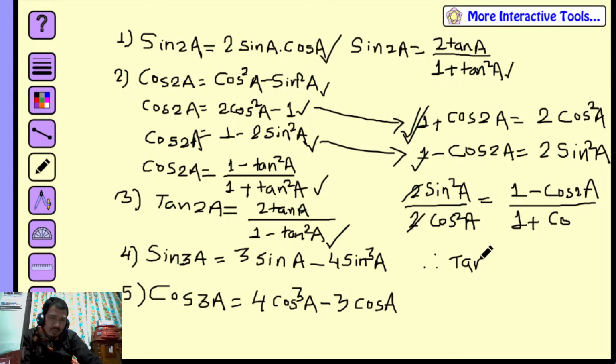So tan square a equals 1 minus cos 2a in the numerator, and 1 plus cos 2a in the denominator.